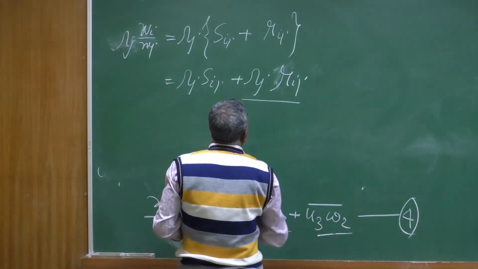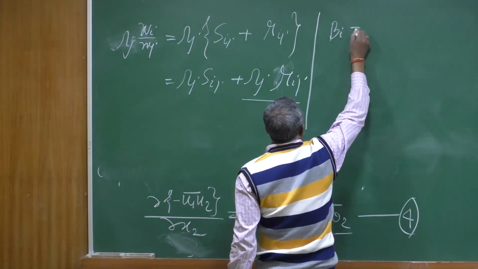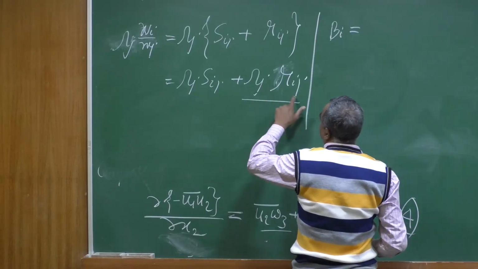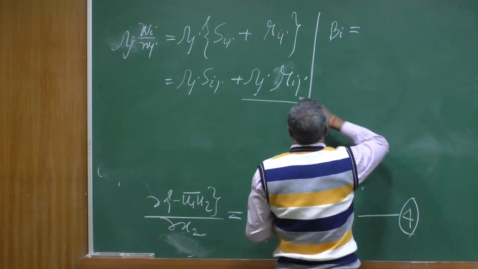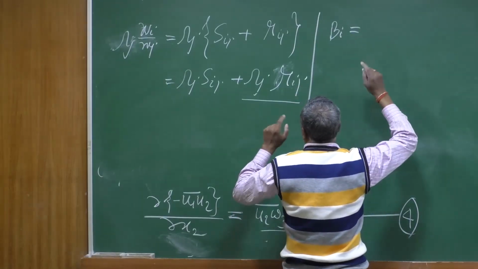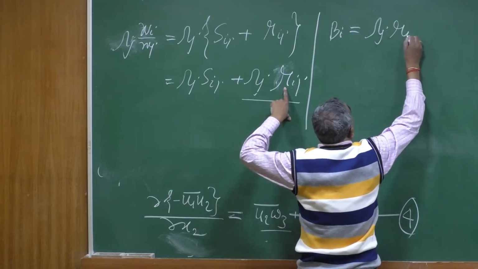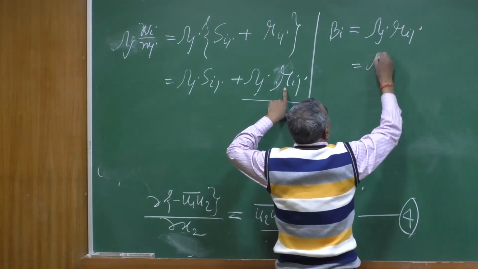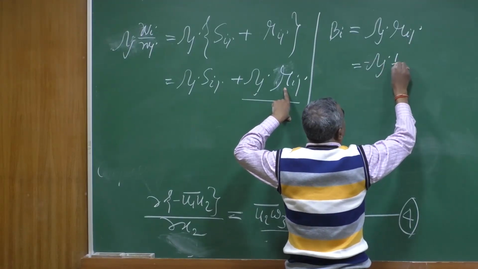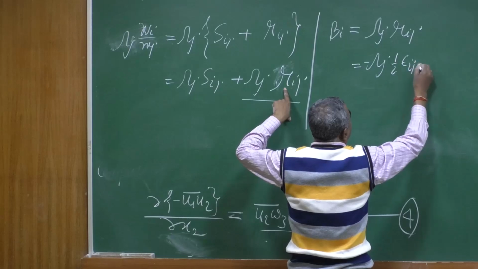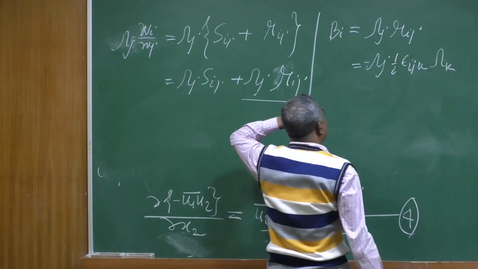Why this is 0 is very interesting to note. Let us say B I is equal to omega j R I j. It is a vector, because j is a dummy index, so the free index is I. Let us say that vector is B I. R I j is what? Minus half epsilon I j k into omega k, that is what we have learnt.